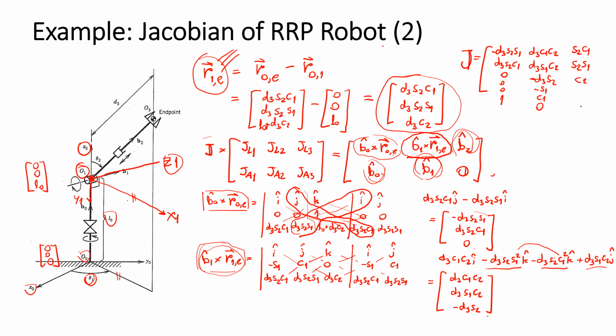Yeah, cos 2, and 0 vector. And we have 6 rows and 3 columns because we have 3 joints. So this is the Jacobian of this robot.